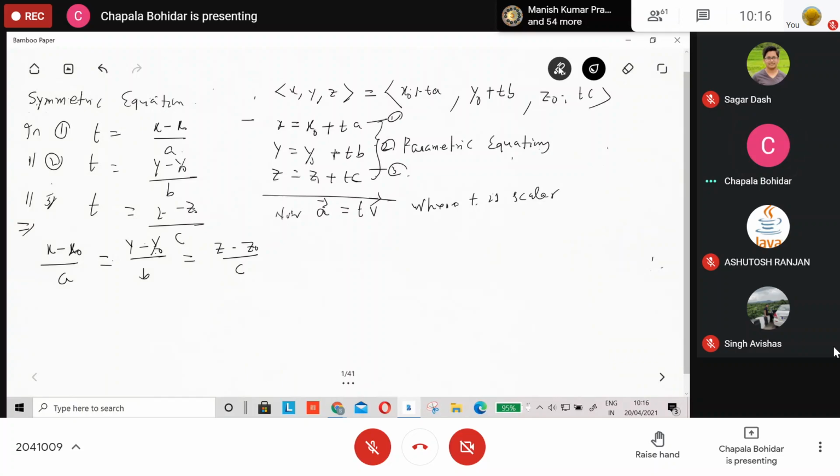This is called the symmetric equation, where a, b, c are the components of the vector v, and x0, y0, z0 are the components of the position vector r0, or you can say it is a point on the line, and x, y, z is a variable point on that line. Clear to all of you? This is called your symmetric equation.